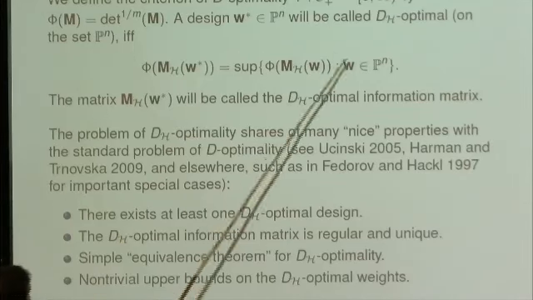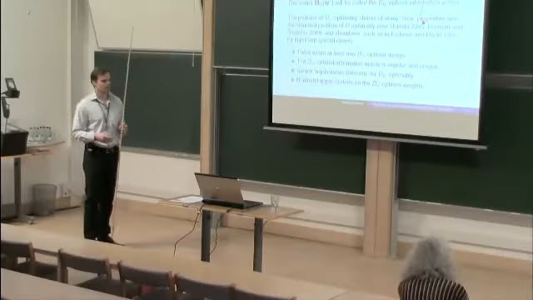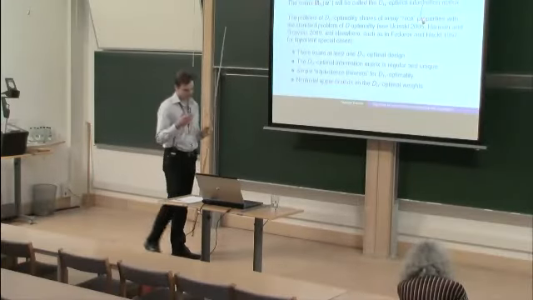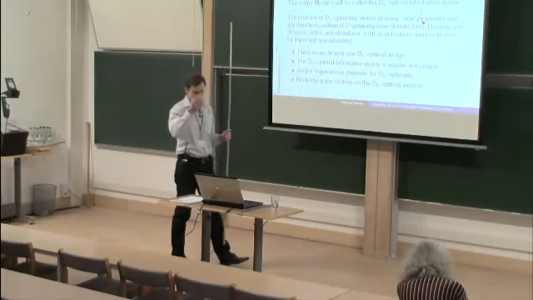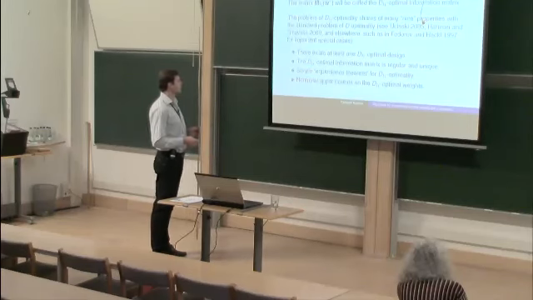A design will be called DH-optimal if it maximizes the criterion of D-optimality over all possible designs. And the corresponding information matrix will be called the DH-optimal information matrix. This slightly generalized problem of D-optimality, DH-optimality, shares many nice features with the classical problem of D-optimal design with real-valued observations and independent errors.